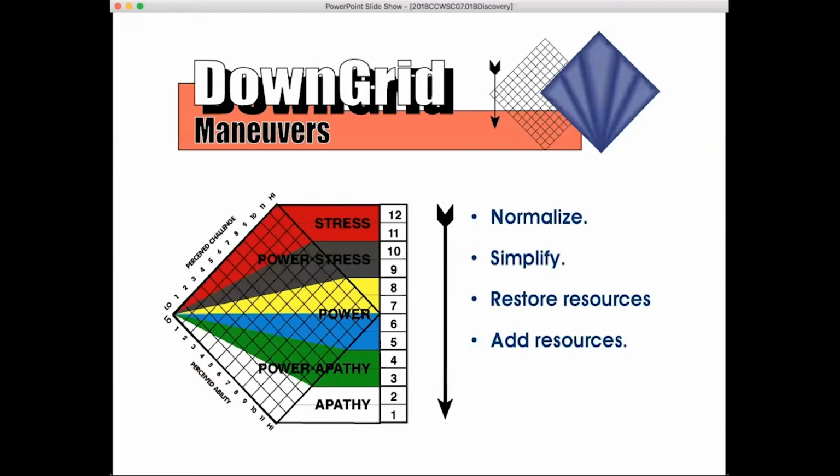Sometimes people ask, where are all the physical things we can do to lower someone's level of tension, like get a massage? That's adding a resource. Unless you've had a massage before and it lowered your tension, in which case it could be restoring a resource. Nevertheless, it's still a resource that's being worked with there.